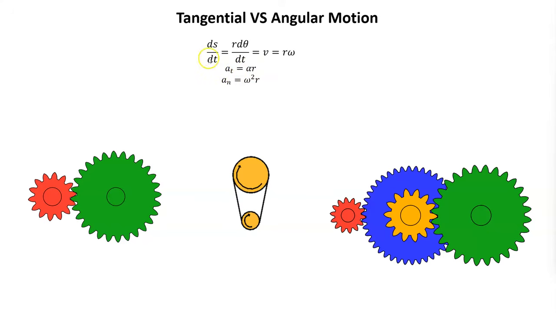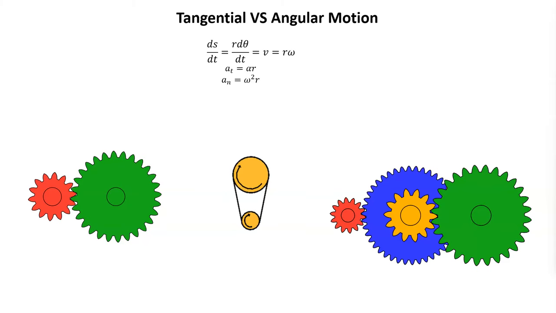So that radius times the angular velocity, or change in theta with respect to time, is what converts to tangential velocity, and that is equal to angular velocity times the radius of the same center of rotation or travel.